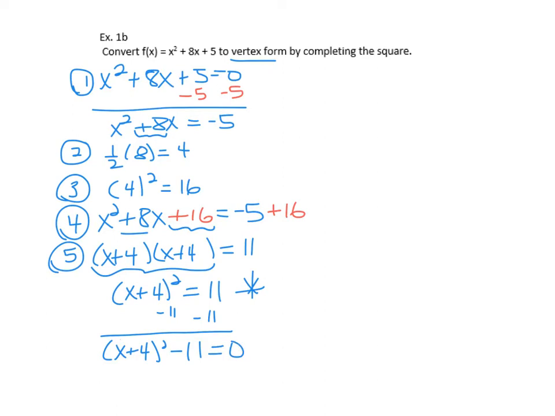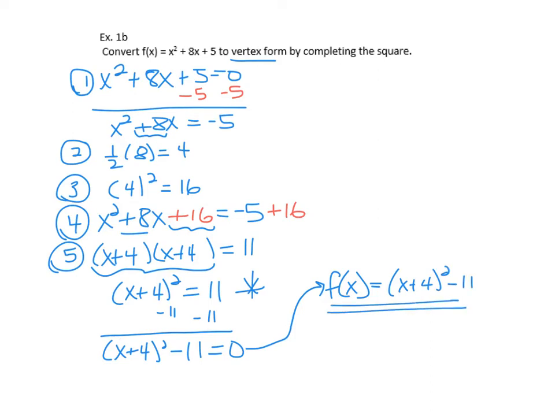But to write it in vertex form, instead of equaling 0, we'll set it equal to what it was at the very beginning. It was f of x. So your final answer is going to be f of x equals x plus 4 squared minus 11. That would be vertex form.